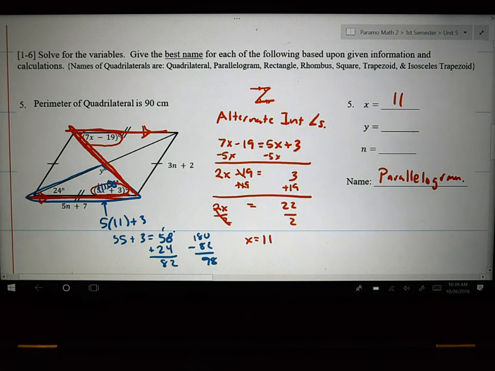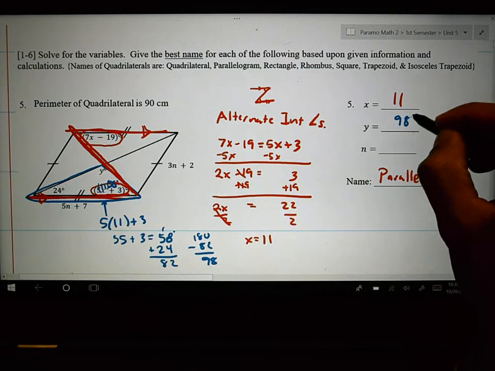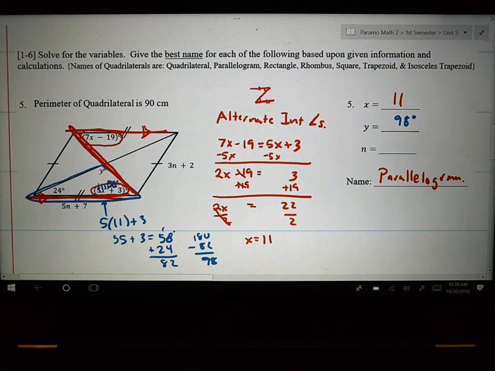And I believe that means y has to be 98 degrees. Let me double check with the calculator that I have right here. That's what I get.